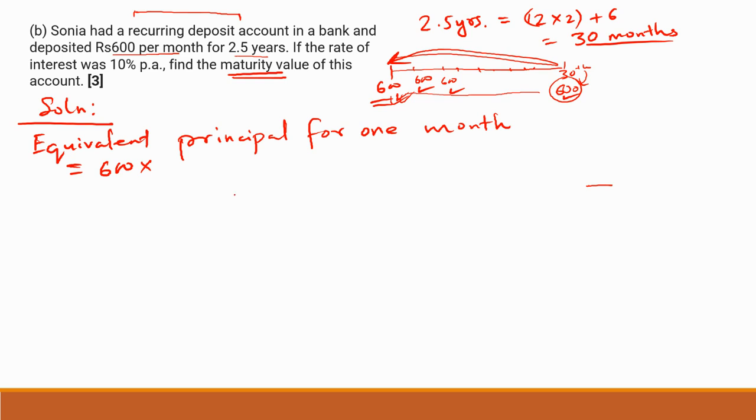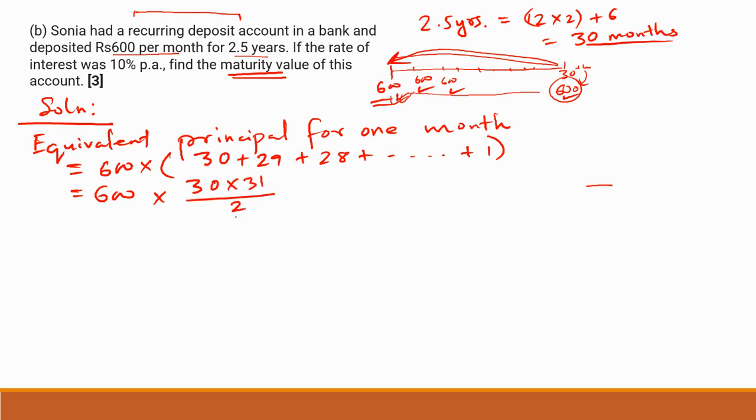So you have to do 30 plus 29 plus 28 plus all the way till 1. This is the equivalent principal that she deposited, that is 30 times 31 by 2. Let's keep it like this, we don't need to do the multiplication.